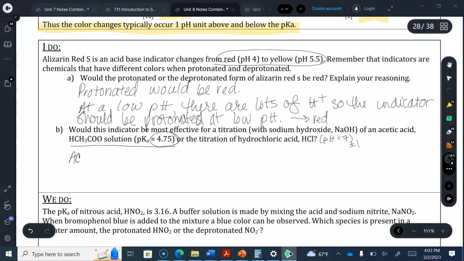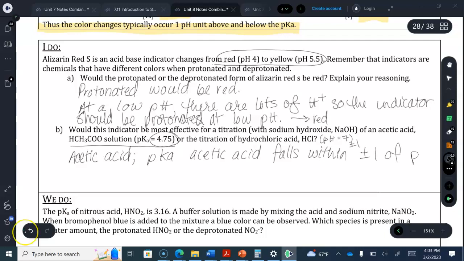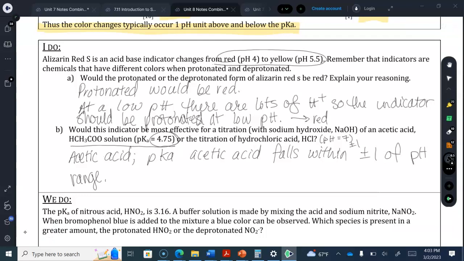So it tells us that acetic acid is the correct one. And to restate it, it might be more like the pH range is within plus or minus 1 of the pKa.